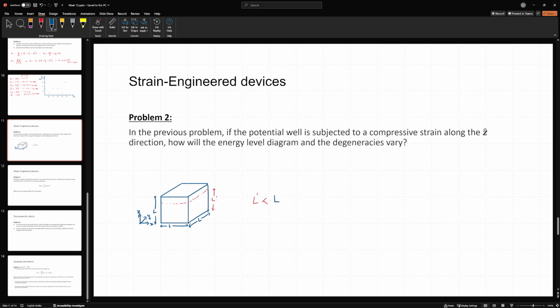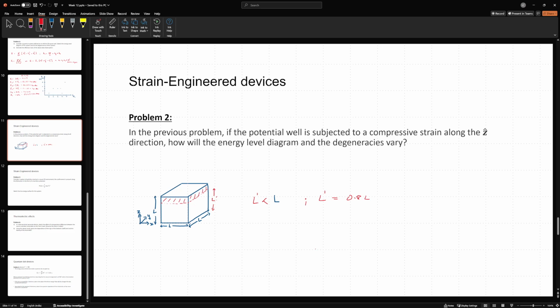Again, let us draw the first six lowest energy levels. And let me say, just to make the problem clearer, I will say L dash is 0.8 times L. Okay, so 20% reduction in the length. So now this part has been compressed.